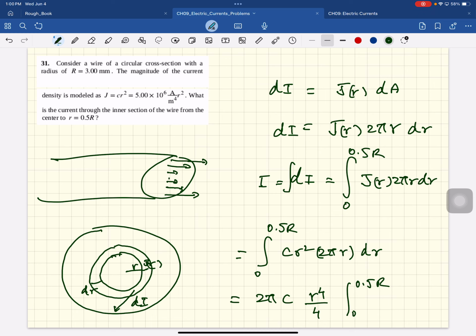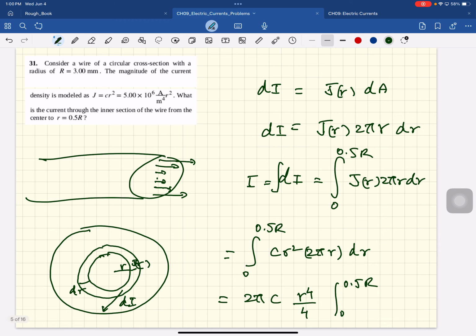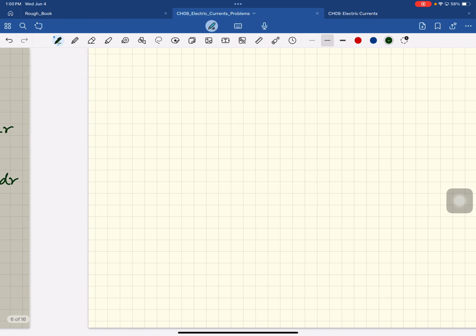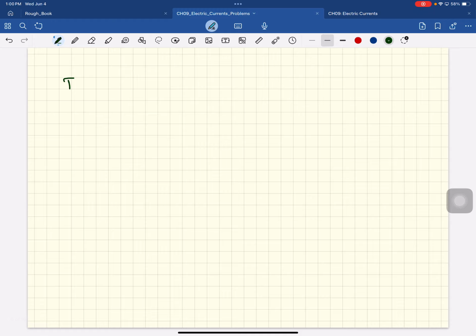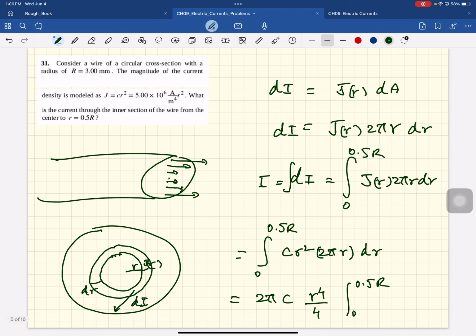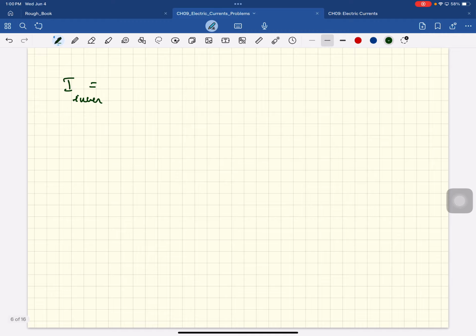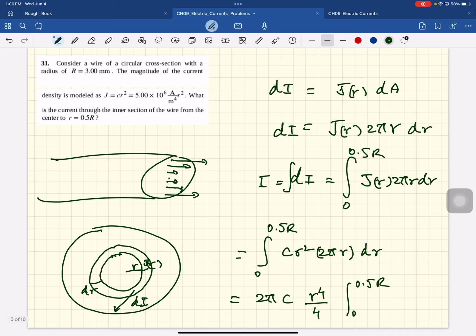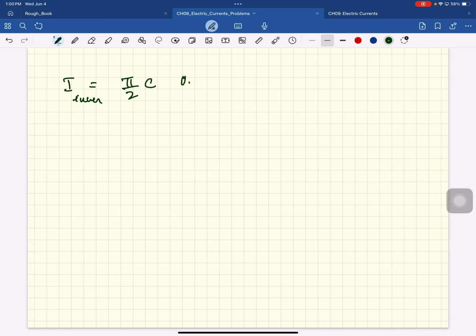So that's the current. So the current in the inner part, so this is pi by 2 C R to the power 4, which is 0.5 R to the power 4.